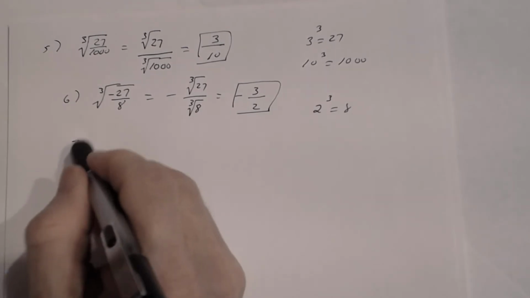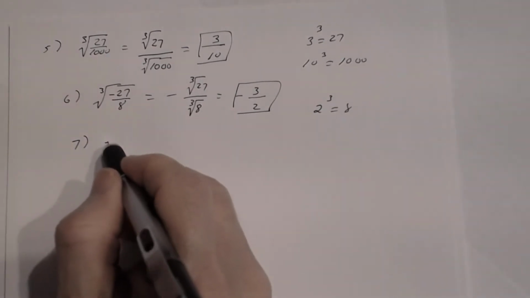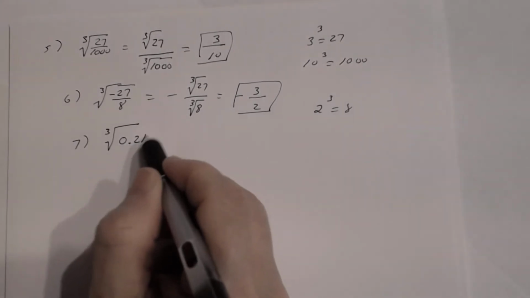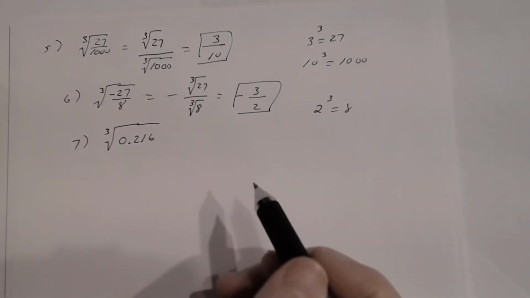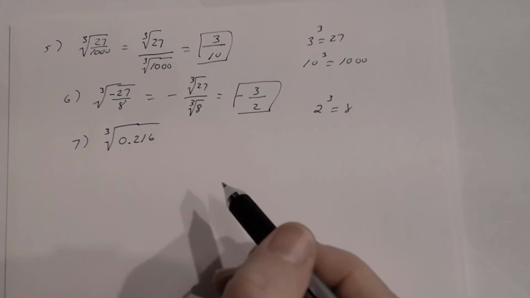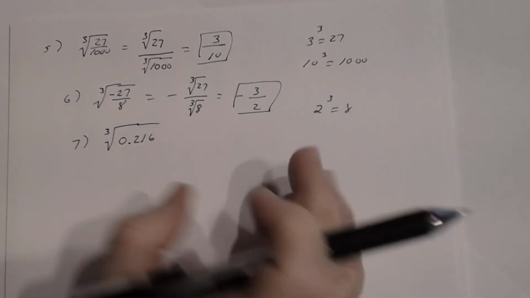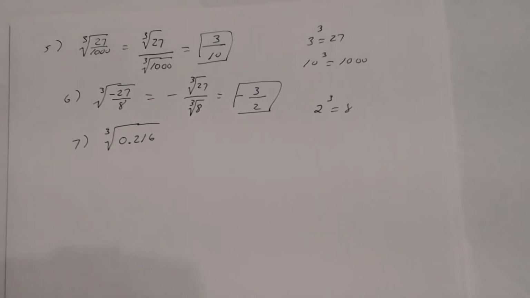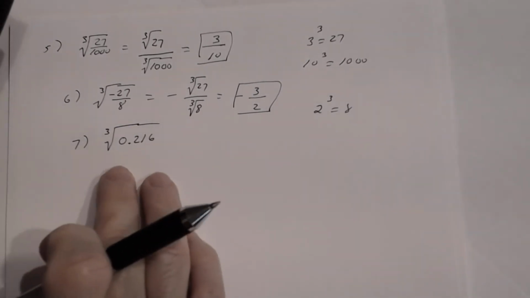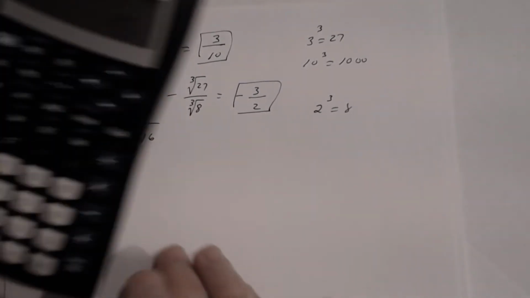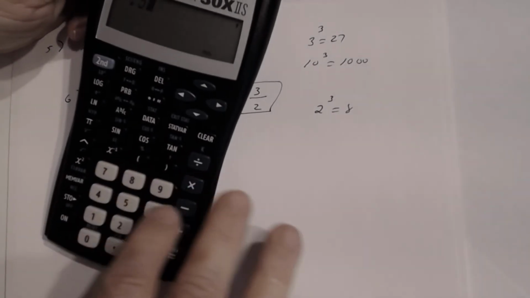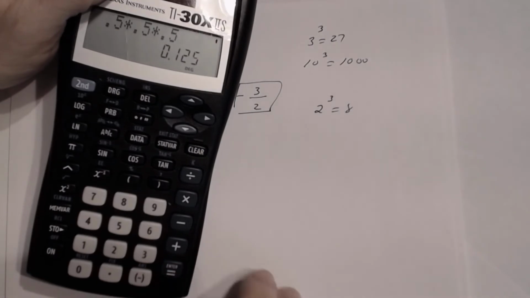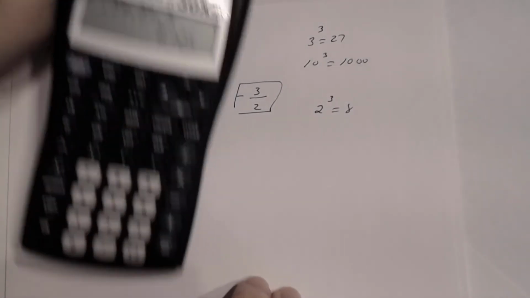Okay, number 7, we have the cube root of 0.216. All right, now, again, nowhere in there does it say use a calculator, so don't use a calculator. So you know it's a decimal, right? So this is something like, let's say, 0.5 times 0.5 times 0.5. See what happens. I get 0.125. That's not what I wanted.